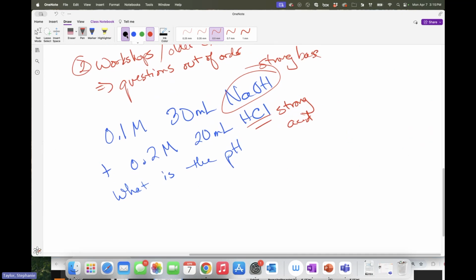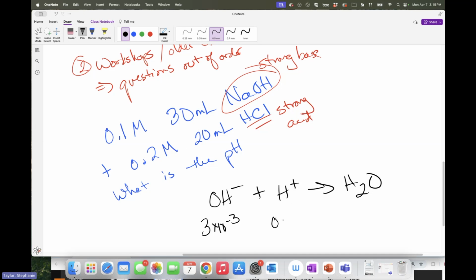I've been using BCA tables, things that look like this. We could consider this a titration question. I have 0.1 times 30 milliliters, something like 3 times 10 to the negative 3, and 0.2 times 20, 4 times 10 to the negative 3. These are in moles, by the way. So the first thing you do is react in moles.